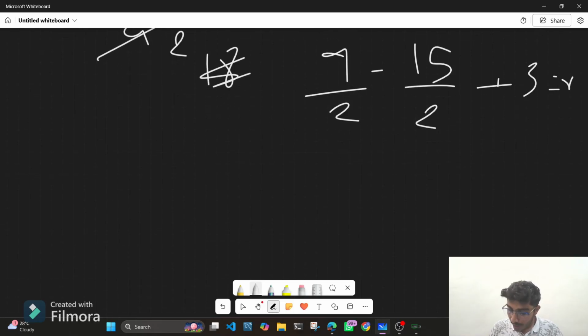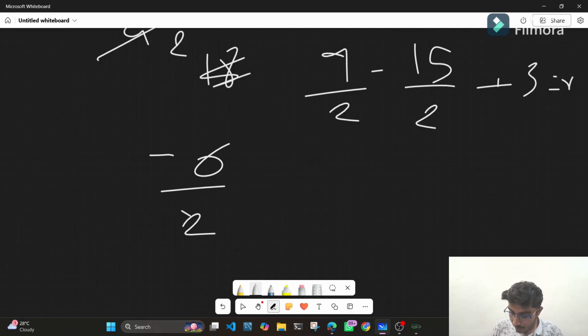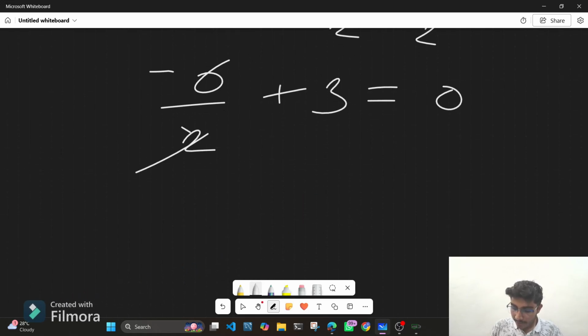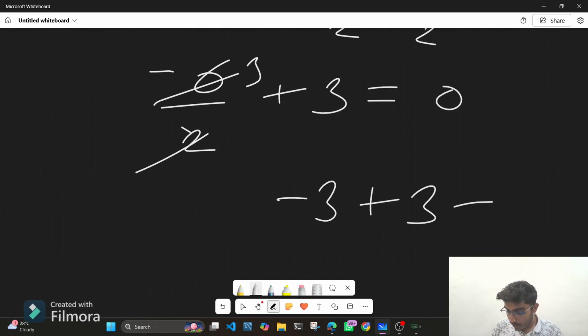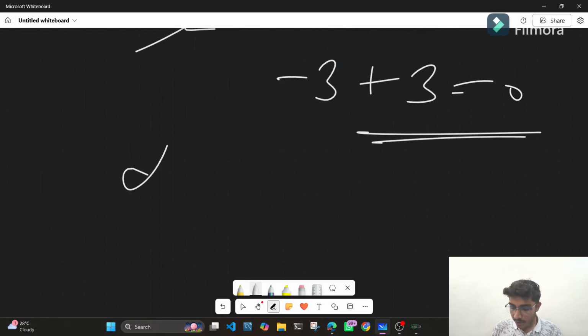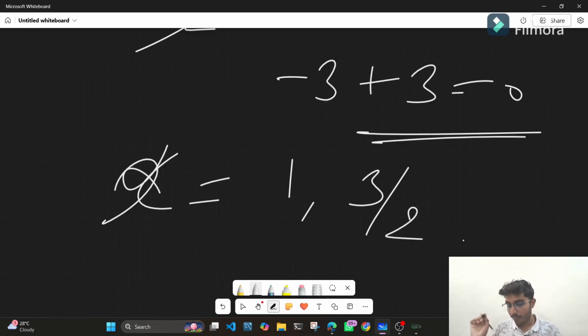So 9 minus 15 upon 2. 9 minus 15 is minus 6, so minus 6 upon 2 plus 3 equal to 0. And if I divide this, minus 3 plus 3 equal to 0. Hence, we have got the roots of the equation, that is x is equal to 1, comma 3 by 2.